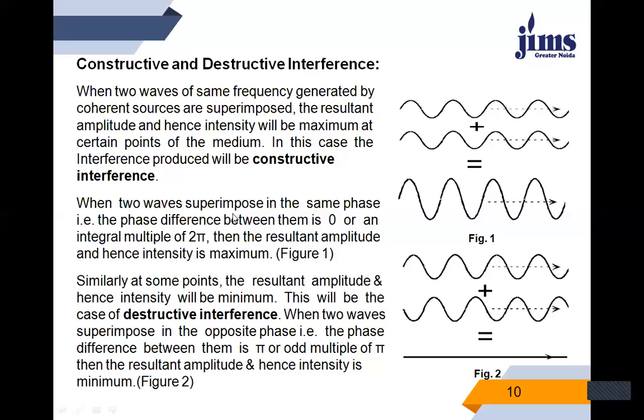So when two waves superimpose in the same phase, that is, the phase difference between them is zero or 2 pi, 4 pi, 6 pi, or an integral multiple of 2 pi, then the resultant amplitude and hence intensity is maximum, as shown in this figure 1.